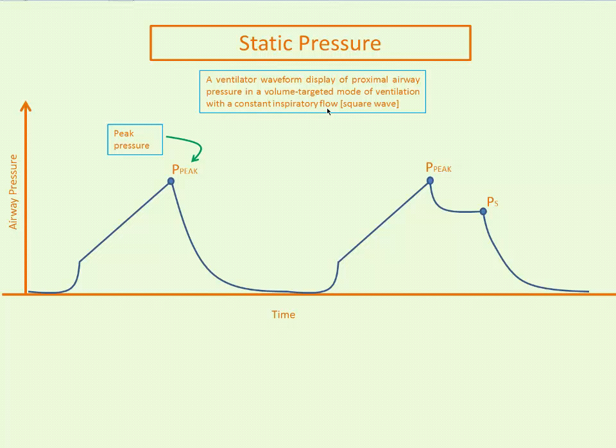You're making it constant, which is helpful to analyze these pressure-time differences. When flow is constant, that means volume and time become linear analogs. So in a sense, this then becomes a pressure-volume graphical analysis.